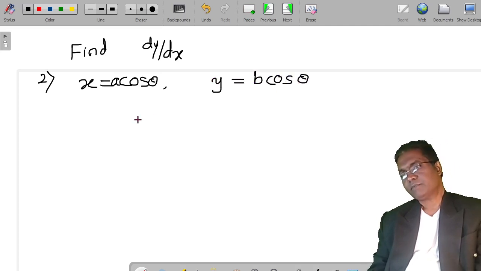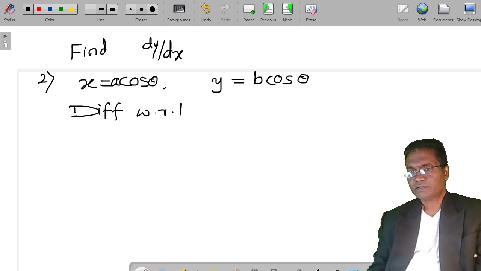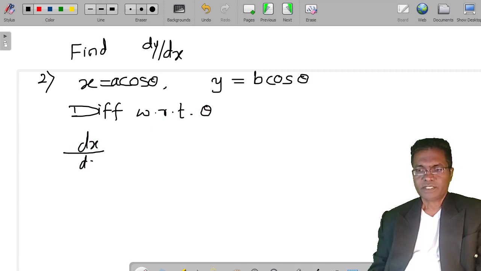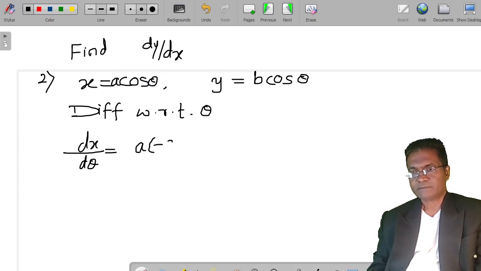Very simple. Here x and y are functions of theta. So differentiate with respect to theta. So dx by d theta, a is a constant and the derivative of cos is minus sin theta. So you can write it as minus a sin theta.